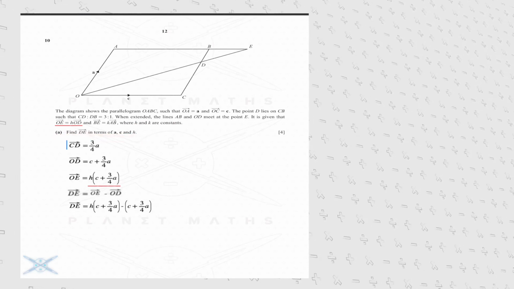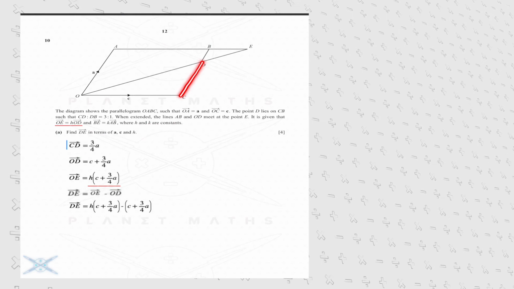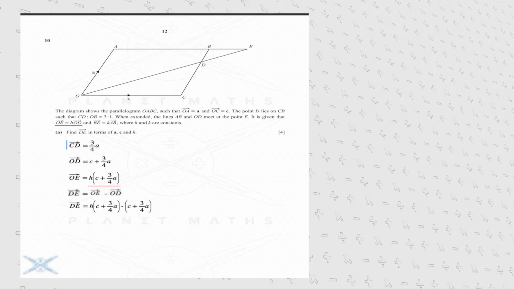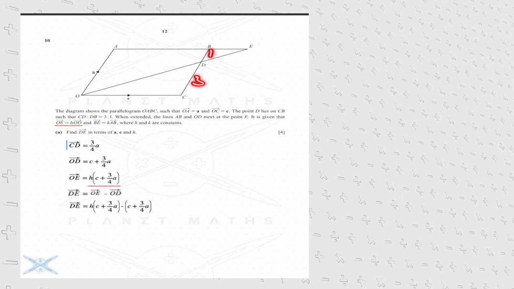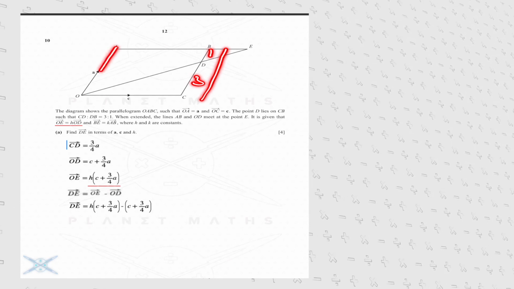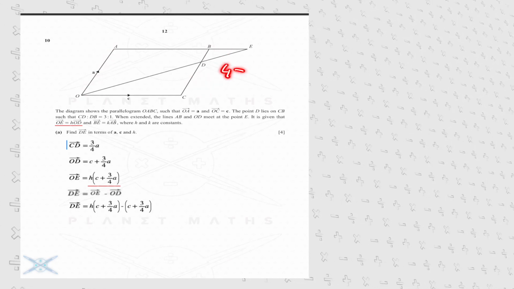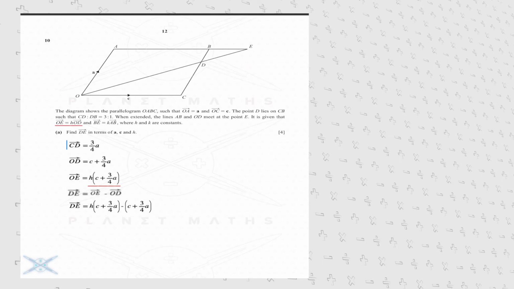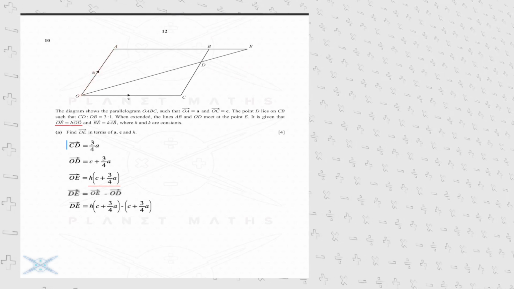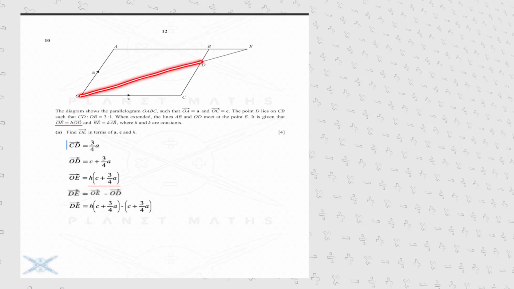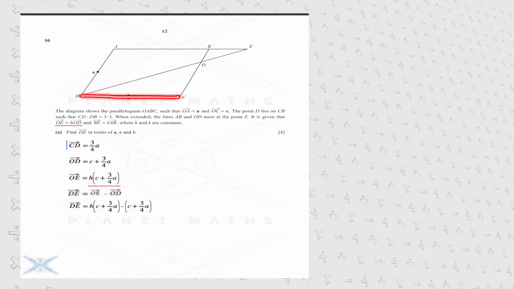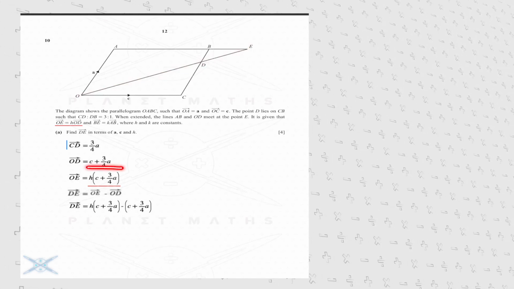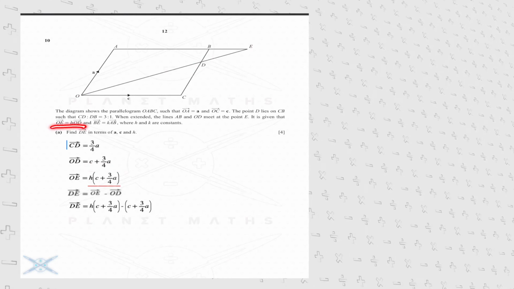So in step 1 we can claim that vector CD can be represented by the expression of 3/4 of vector CB, since the ratio between CD and DB is 3 to 1, meaning that this entire length, which is parallel to AO or A, consists of 4 parts in total, 3 plus 1, meaning that CD must be 3/4 vector CB, which is the same as 3/4 of the vector OA, which is in turn 3/4 of A. Therefore, vector OD can be represented by C plus the aforementioned 3/4 of A, and therefore OE can be represented as H times the aforementioned vector as stated at the outset of the exercise.